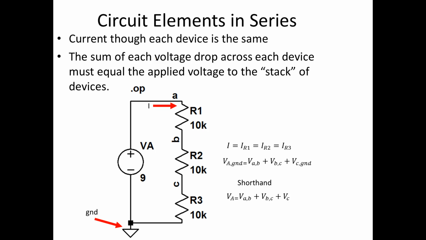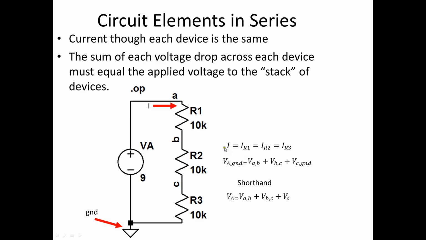The key things to remember about circuit elements in series is that the current through each device is the same, and the sum of each voltage drop across each device must equal the applied voltage to the stack of devices.